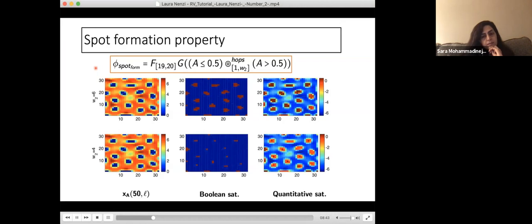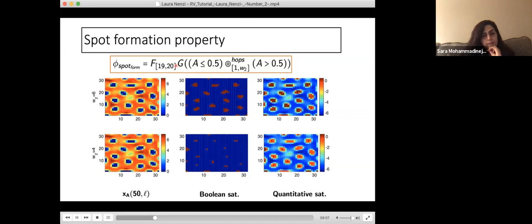So we can describe the formation of spots using this formula. That means eventually, in a time between 19 and 20, so in the time when the system stabilizes, it's always true from that time that this property is satisfied.